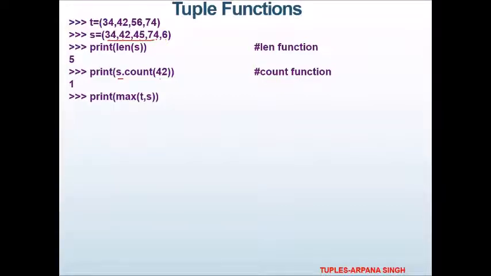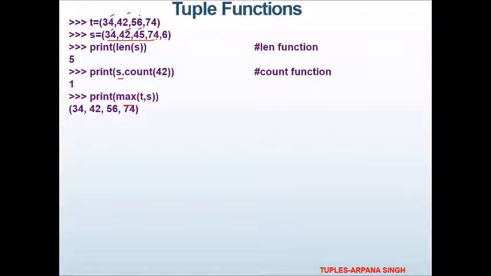Next is print max of t comma s. The max function returns the largest element. If we are passing two tuples, then the largest tuple will be returned. Here is how the comparison is done: the first element is compared with the first element, they are the same, so the second element is compared with the second element, they are also the same, then the third element is compared.